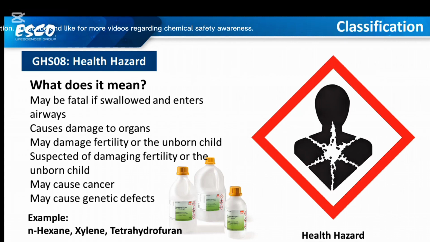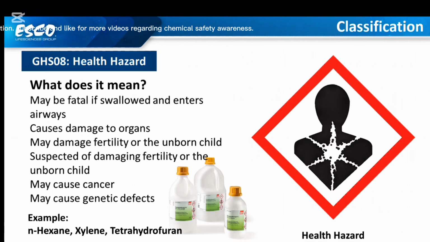Then we have the health hazard. May be fatal if swallowed and enters airways, causes damage to organs, may damage fertility or the unborn child, suspected of damaging fertility or the unborn child, may cause cancer, may cause genetic defects. Examples, again, we have hexane, xylene, and tetrahydrofuran.